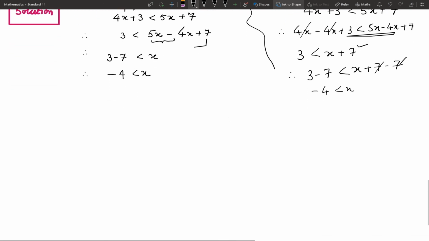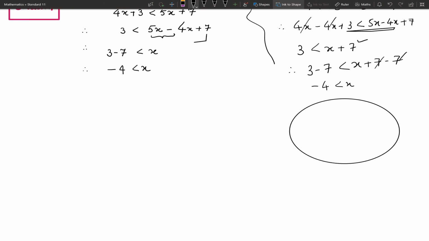Now again you note that when we write a less than b, we can say that a is less than b, or at the same time we can say that b is greater than a, both are the same. So this can be written as x greater than minus 4.